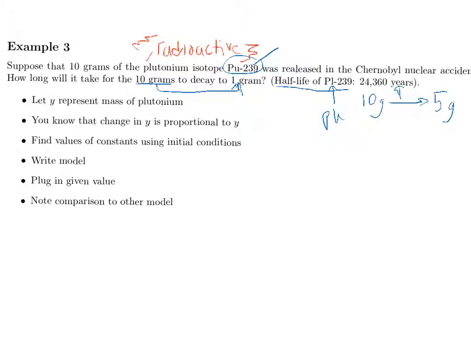But before we go into that, let's talk about how we can talk about the rate of decay, all right? We know that the rate of decay is proportional to y. So change in y is proportional to y. So dy/dt is proportional to y. And as a reminder, we can get rid of the proportional and put in an equals if we just add a constant.